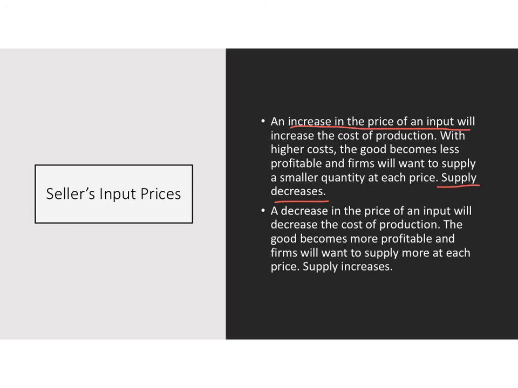With lower costs, the good becomes more profitable and producers will want to increase supply. They will want to supply a larger amount at every price. Therefore, a decrease in the price of an input will result in a greater or an increased supply of the good that uses that input.